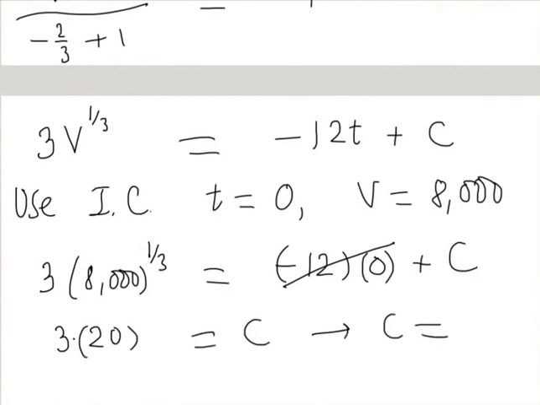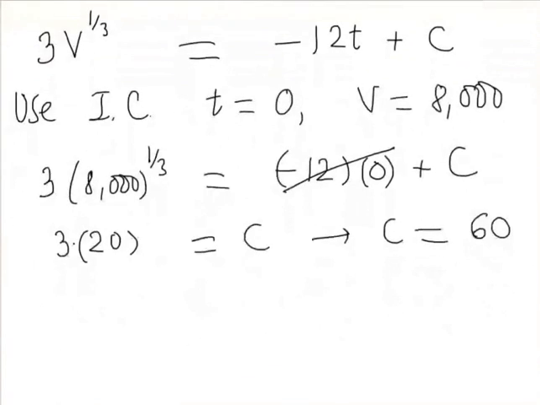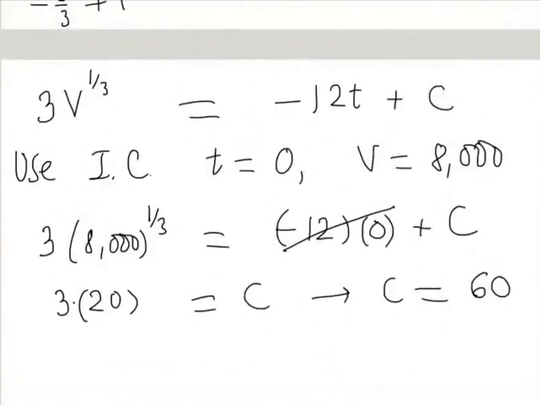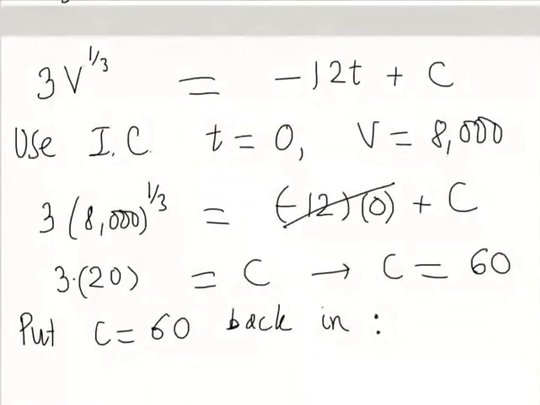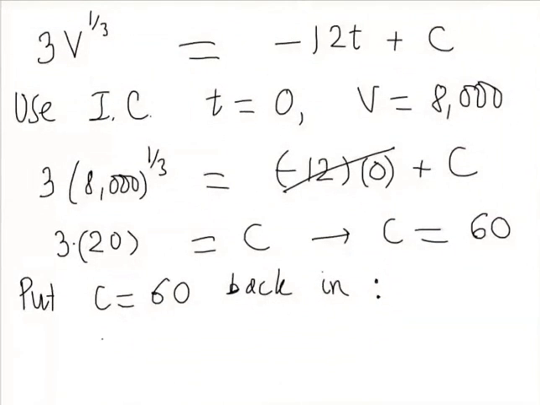So C is 60. Now we put C back in and then we try to solve for V. We get 3V to the 1/3 is minus 12t plus 60.